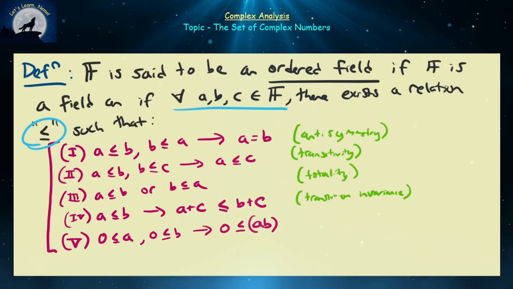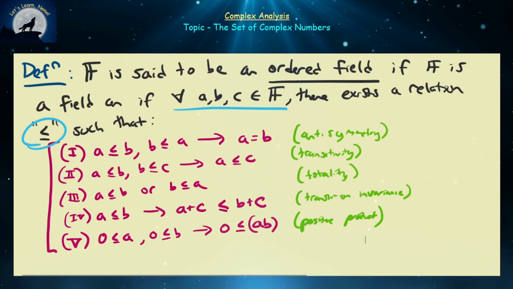And if a is a non-negative number, which we write 0 is less than or equal to a, and b is also a non-negative number, 0 is less than or equal to b, then the product of a and b will also be non-negative. Some people call this the positive product property of the relation less than or equal to. So why do I bring this up?